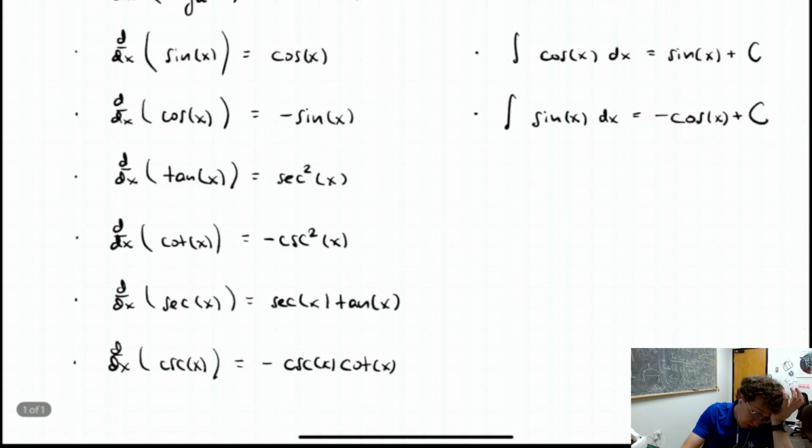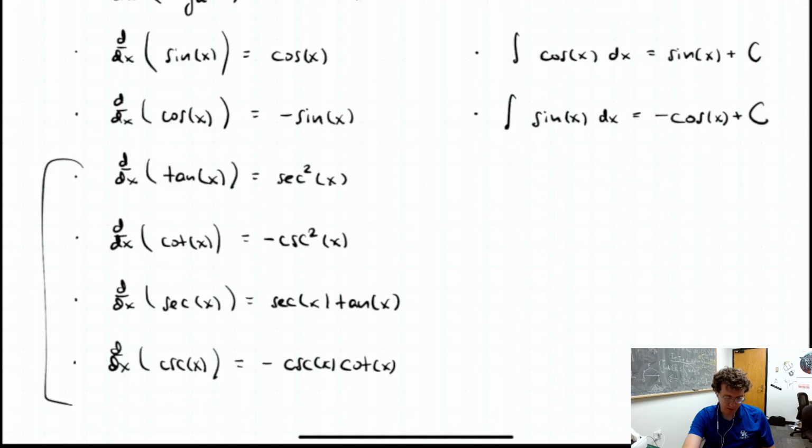There are also antiderivatives for the other 4 trig functions. You'll learn about them in Calc 2. It is not a topic for Calc 1. And of course, if I just told you what any of these antiderivatives was, you could take the derivative and check that it actually is the antiderivative. But coming up with the antiderivatives is a little bit tricky.